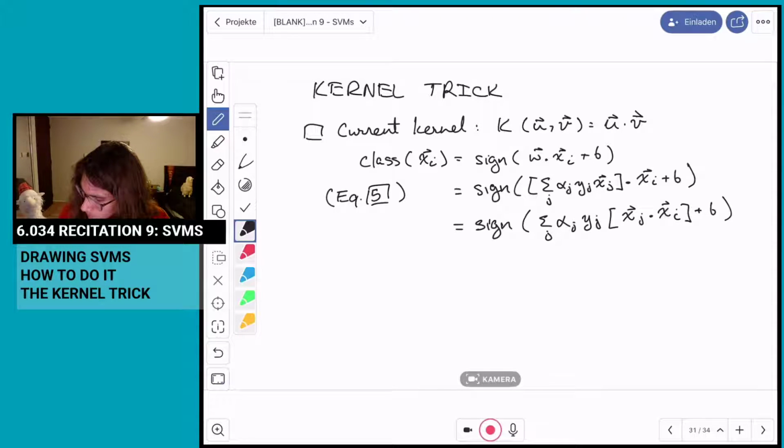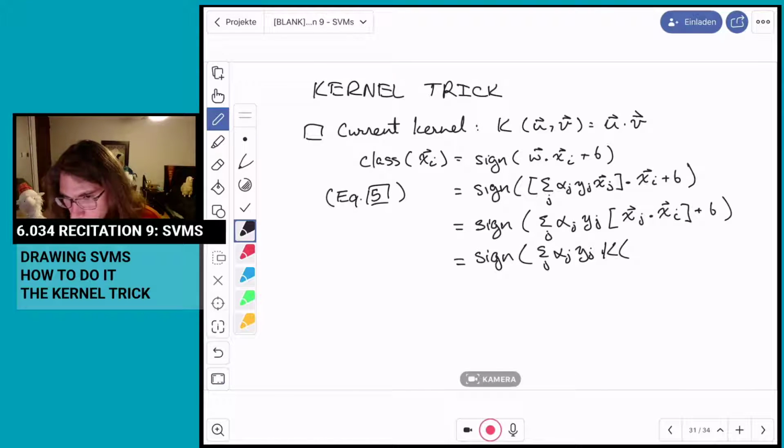And now allow me to rewrite something. The sum is the same, alpha j, yj, but now I'm going to write the kernel explicitly.